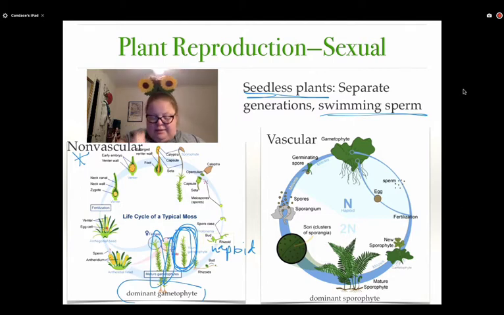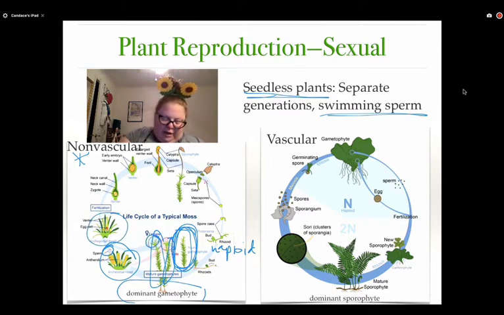And what happens is those cells in this plant, which are all haploid, on the top of the male plant, we have what's called an antheridium, and that through mitosis is going to produce sperm. And then on the top of the female plant, we have what's called the archegonium, and it's going to produce eggs, and they're just going to stay there.